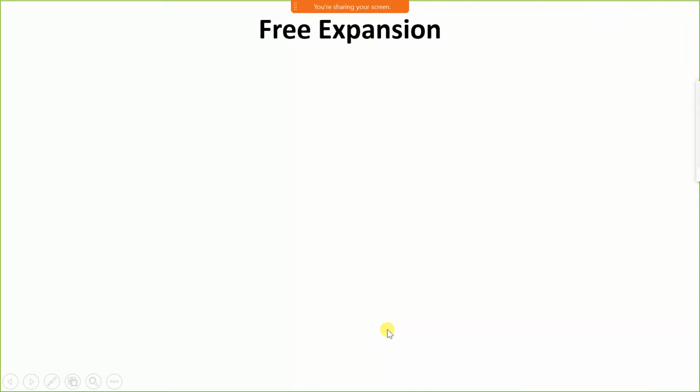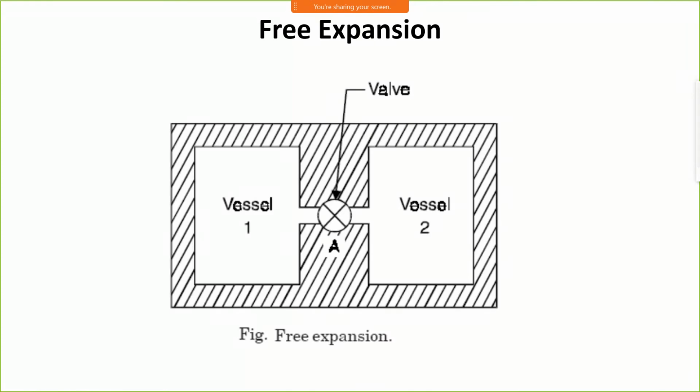Free expansion. Free expansion is an expansion where we consider there is no work done. Consider two vessels connected with one pipe, and in that pipe a wall is placed. Consider vessel 1. In vessel 1 there is a gas at a particular pressure.